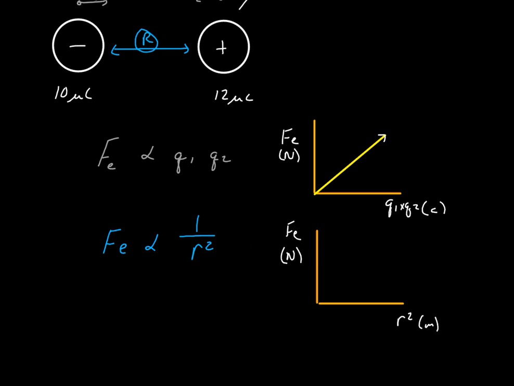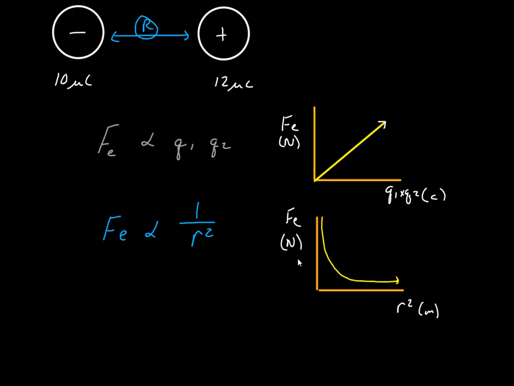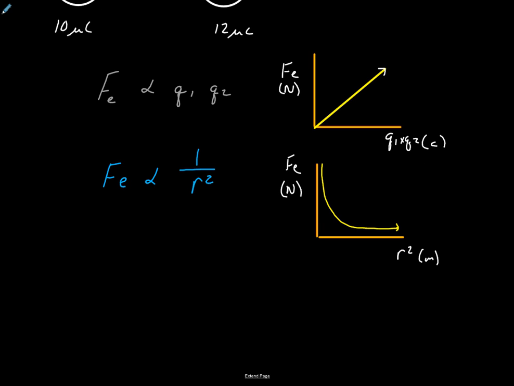So you get an inverse squared relationship, which is going to look something like that. As you move away, you get an exponential drop off in the amount of force between these two things.